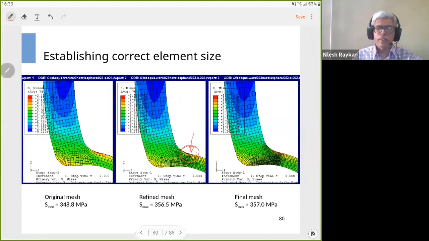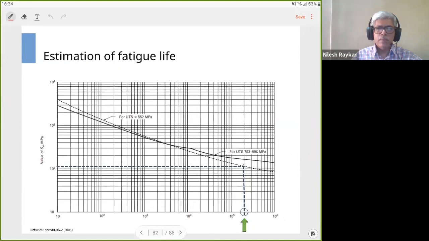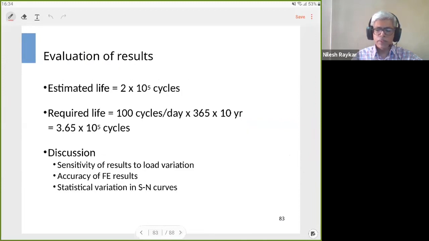So accurate estimation requires a proper convergence study, one means of which is controlling the element size in the region where you are doing the analysis. So this is an SN curve, through which you calculate the life.